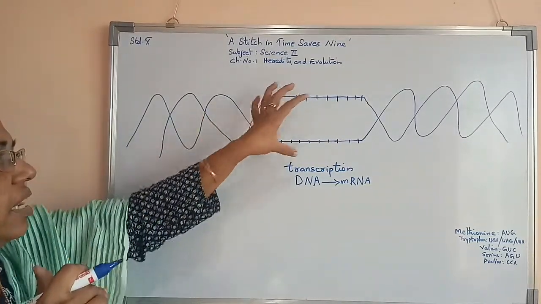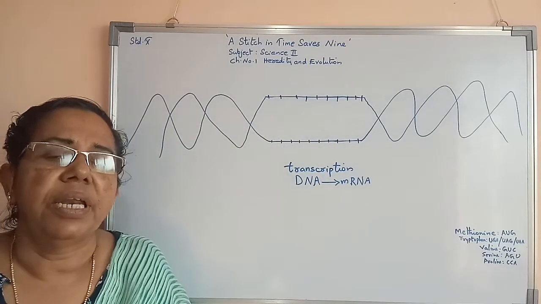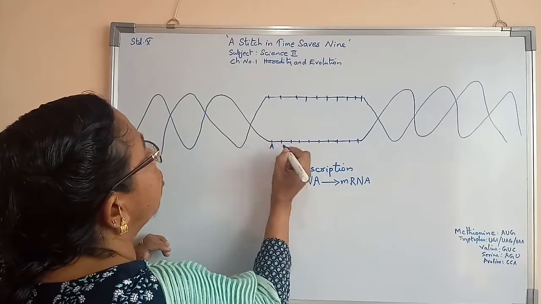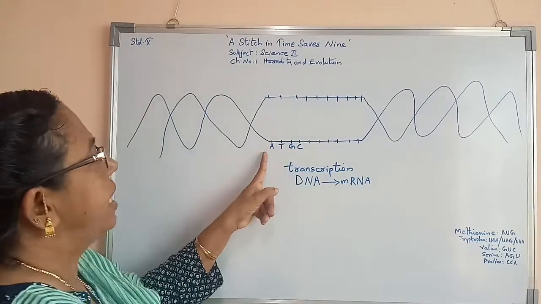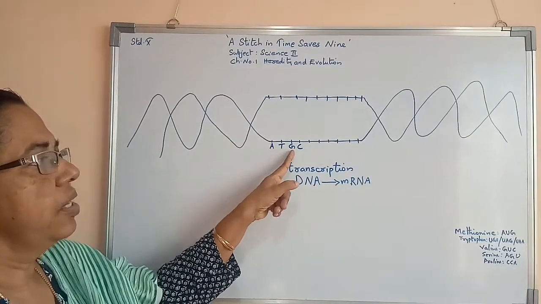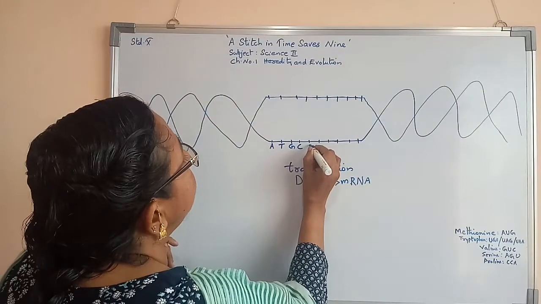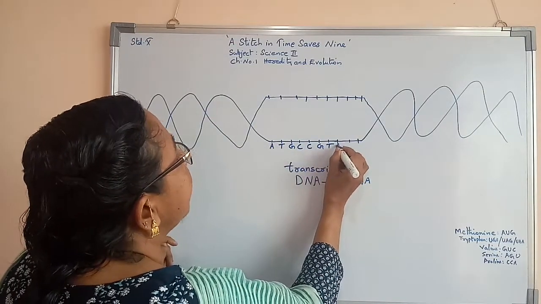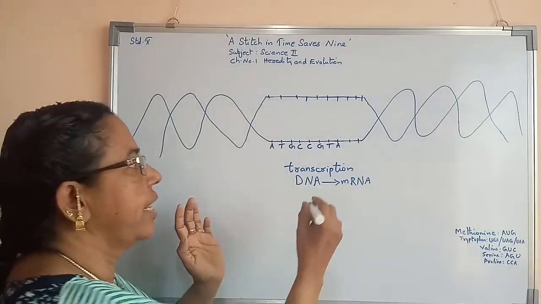Many coils are there. In one coil itself there will be a large number of nitrogenous bases. So I am writing again, nitrogenous bases are only 4 types: A, T, G, C. A means adenine, thymine, guanine, then cytosine. Again cytosine, guanine, thymine, adenine. Like that, any order, any sequence we can write.